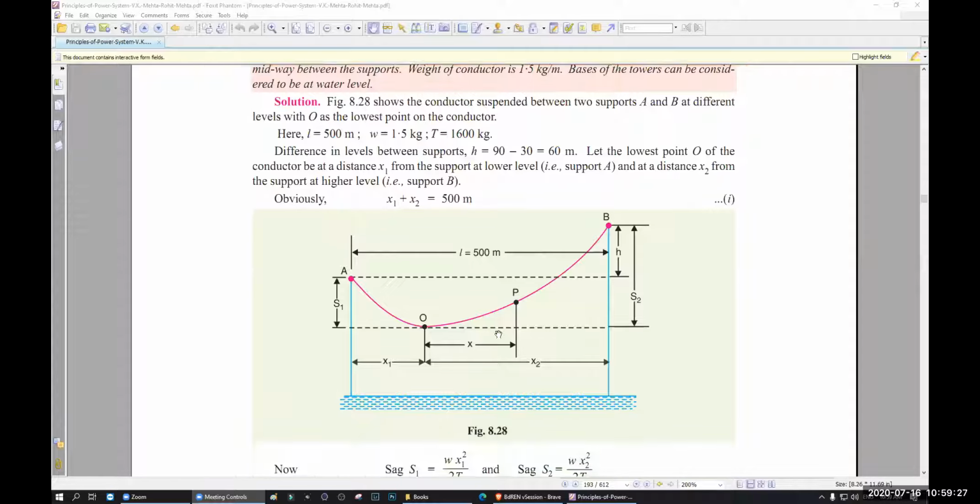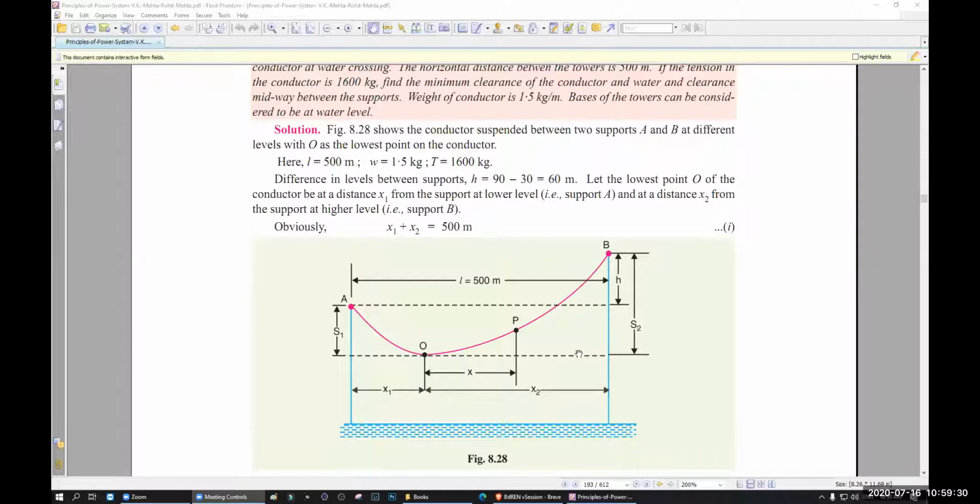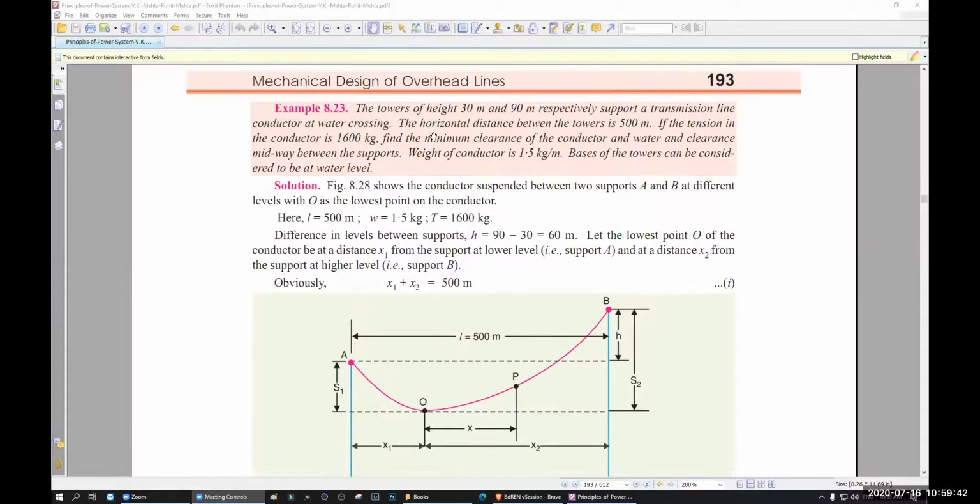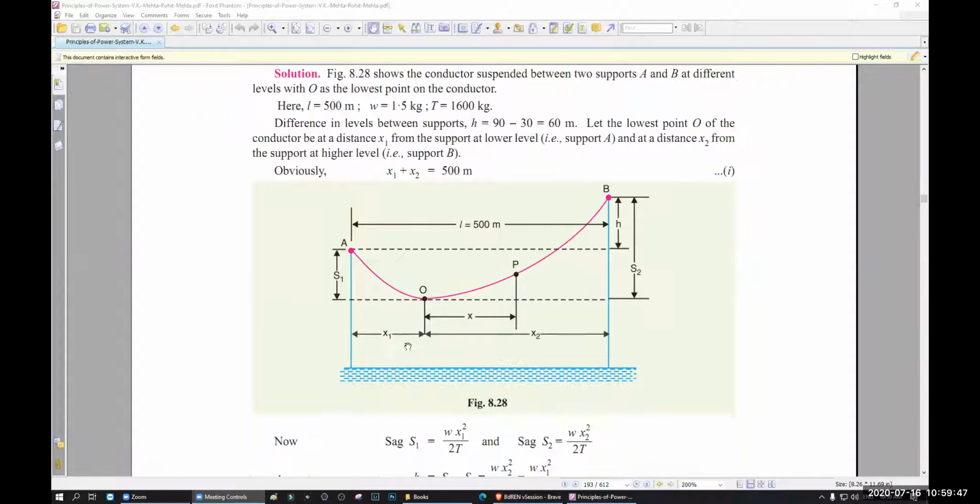Water crossing means, let's say there is a river. One tower is on the other side, another tower is on this side. So this is the river. The horizontal distance between the towers means the width of the river.